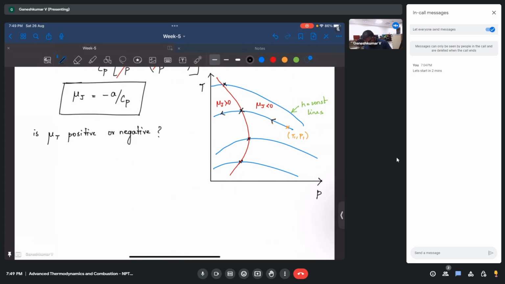So in this case, this boils down to A, because Cp is always positive. Cp is greater than 0. Then it boils down to whether A is positive or A is negative.